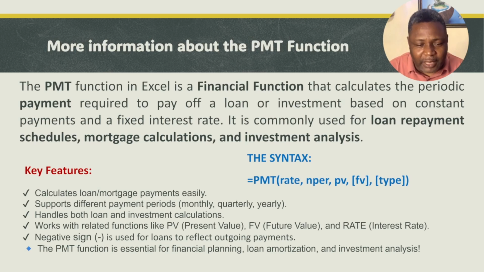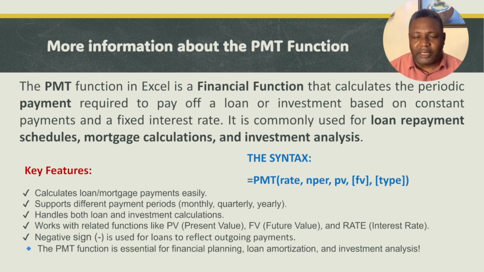The key features here: it calculates loan and mortgage payments easily, supports different payment periods, monthly, quarterly, yearly, handles both loan and investment calculations, and works with related functions like present value, future value, and rate. For loans, you can use a negative value to reflect outgoing payment.